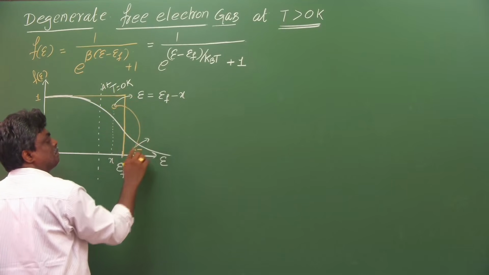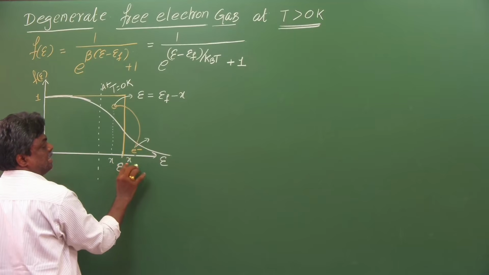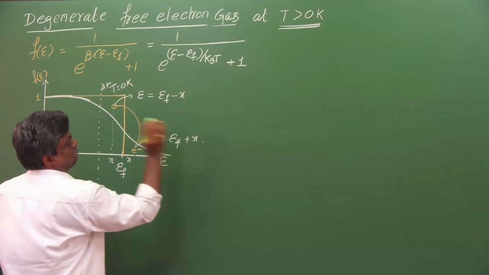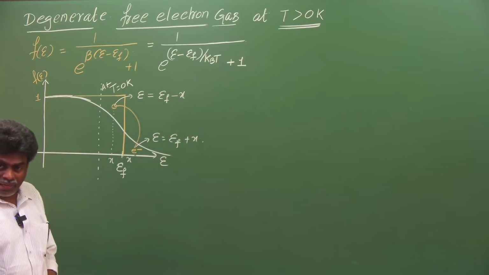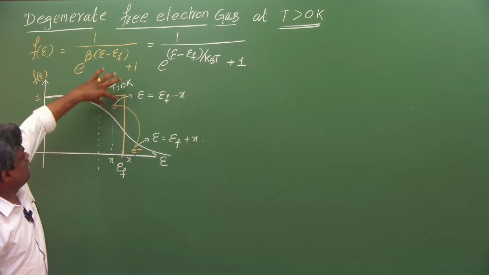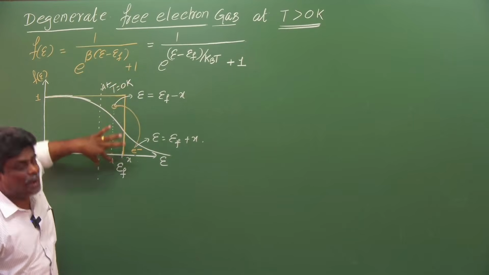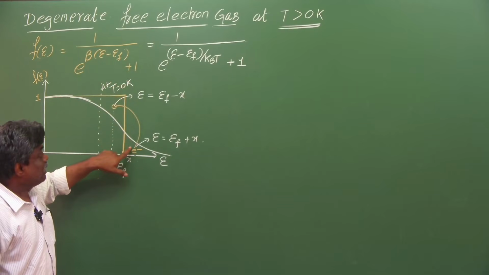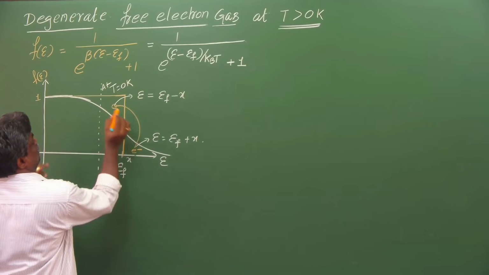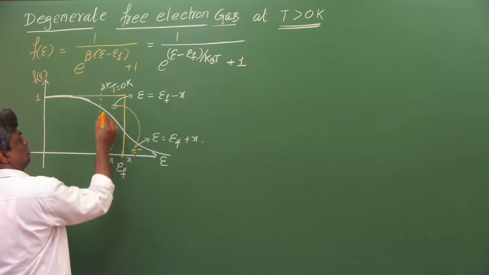What is its location? Again X, here, so E equals EF plus X. Once it goes to the excited states, here we get unoccupied states and there we get occupied states.